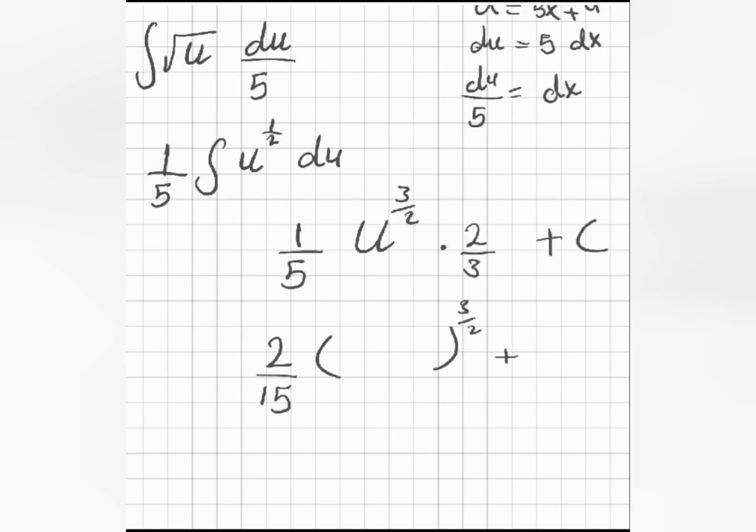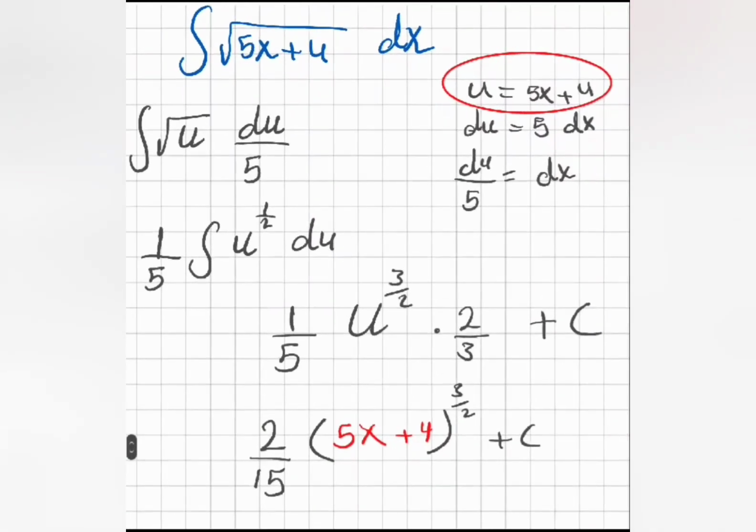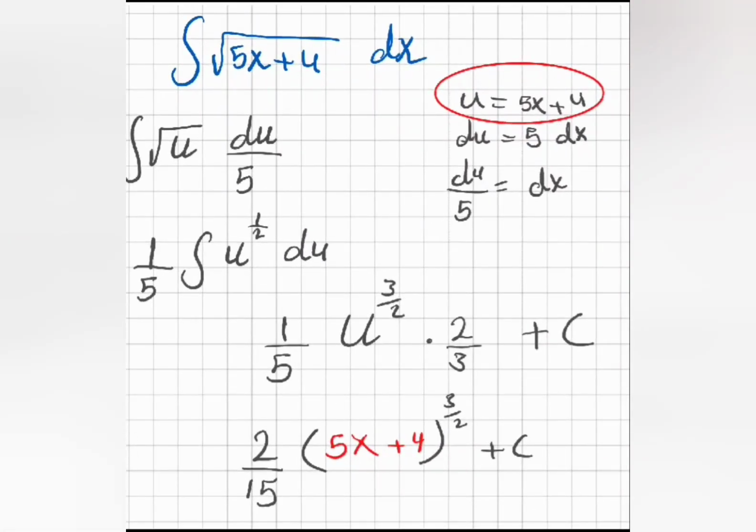So in the end, you get 1/5 u to the 3/2 times 2 over 3, which becomes 2 over 15 u to the 3/2. And let's not forget the constant of integration plus c. So now, to write the final answer, all we need to do is replace u with 5x plus 4. So it's 2 over 15, 5x plus 4, raised to the 3 over 2, plus c.